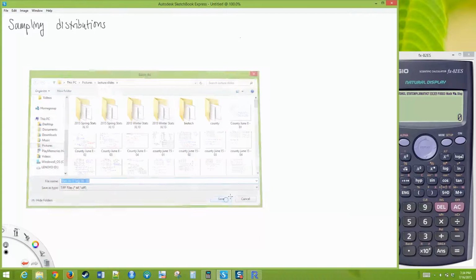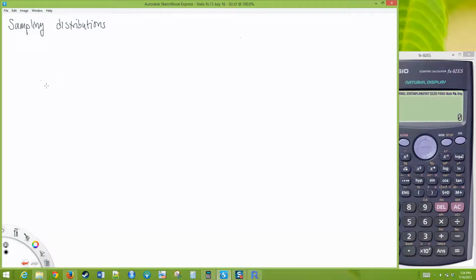Okay, so the idea behind a sampling distribution is we start off with a population. And a lot of the big idea behind statistics is you have this massive population that we can't observe directly, and from that population we draw a sample.